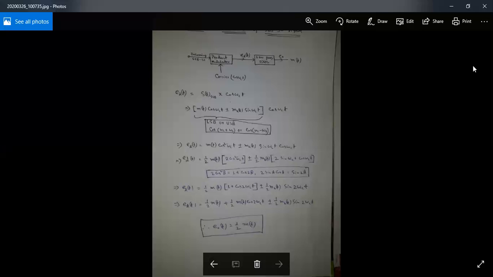Now it is very interesting that the output of the product modulator is this equation, that is E suffix dt, and this equation is just the input of a low pass filter. Now what will happen whenever E suffix dt is passed through a low pass filter?